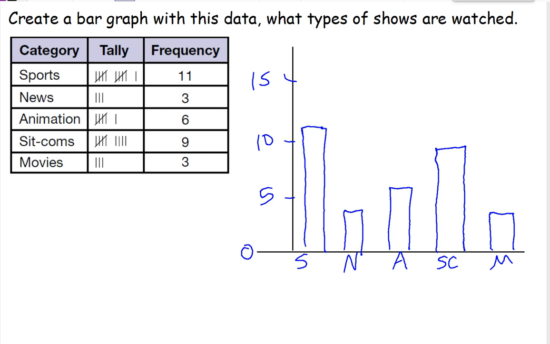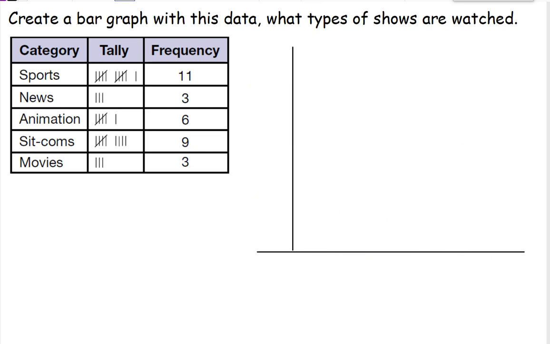I can also do this bar graph vertically, and that's basically just switching the order. So I have 0, 5, 10, and 15 down at the bottom, and then I have my categories at the top. So sports, news, animation, sitcoms, and movies. And then I draw the bars horizontally.